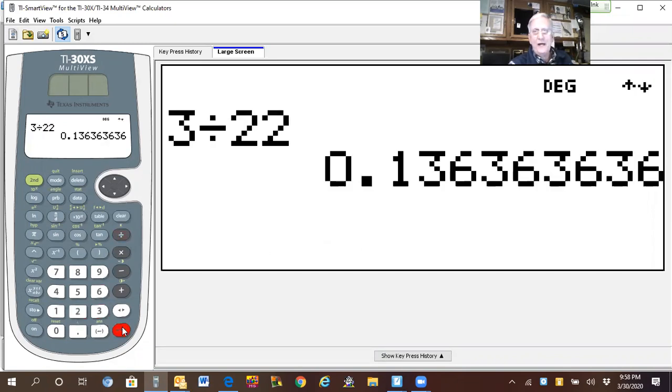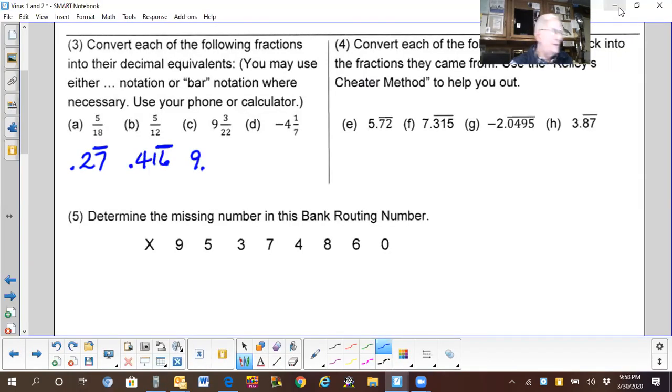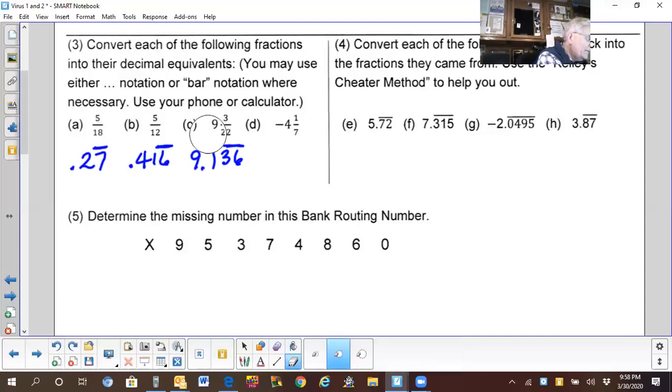And when I do that, you can see I get 1 and then 3, 6, 3, 6, 3, 6, 3, 6. So it is 9.1, and then the 36s are repeating. Notice that the bar should not be over that 1, so let me erase that to make sure you don't get confused. The bar is only over the 3 and the 6.